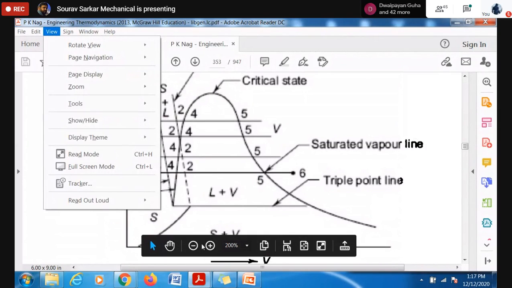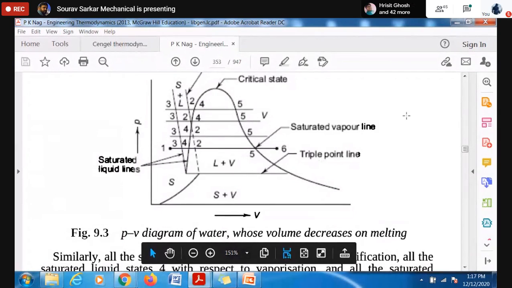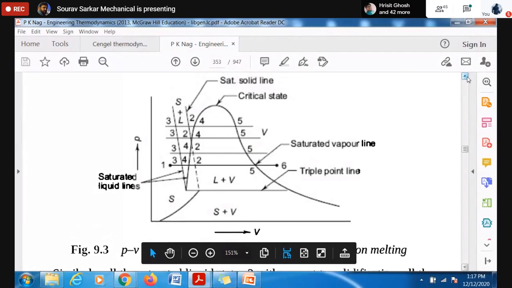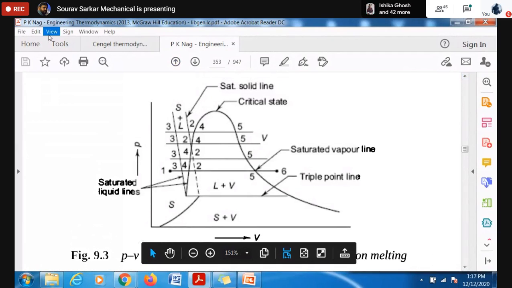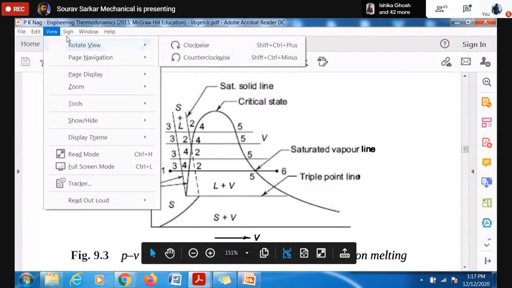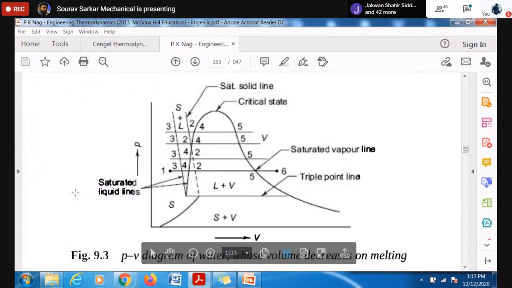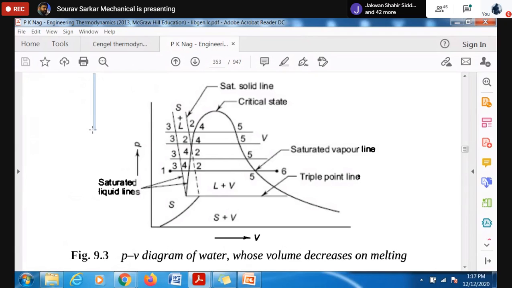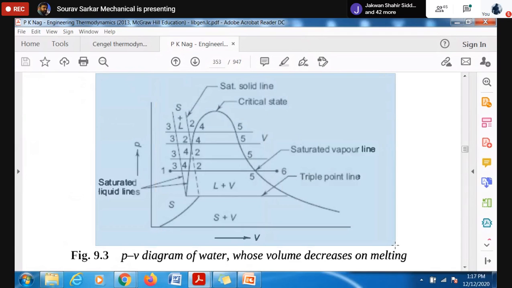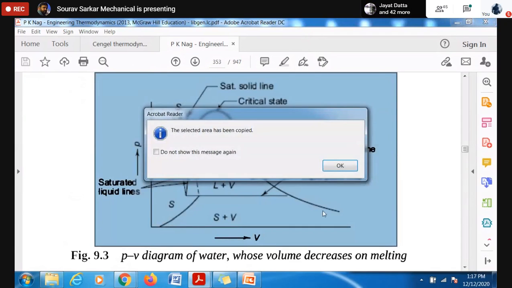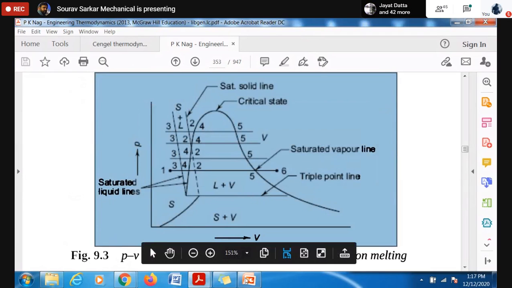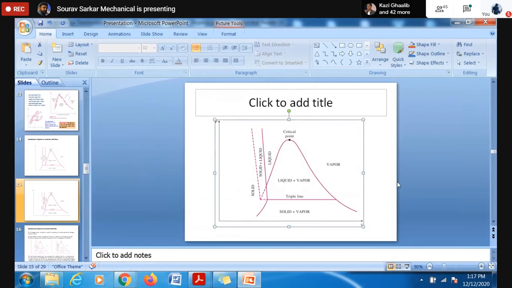Okay, anyway, what I can do is simply take a snapshot of this and put it in our plot. Sorry for this editing time. This diagram is creating confusion.